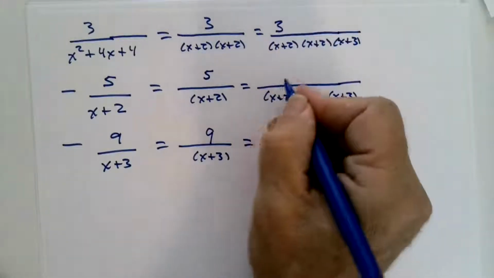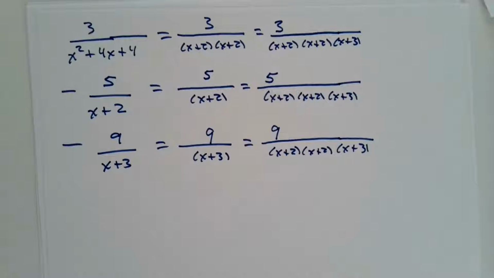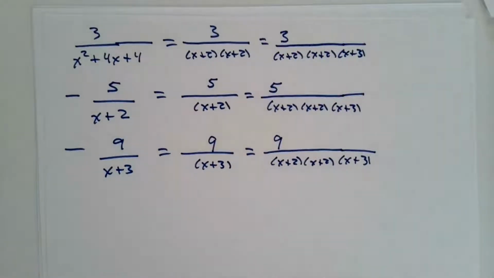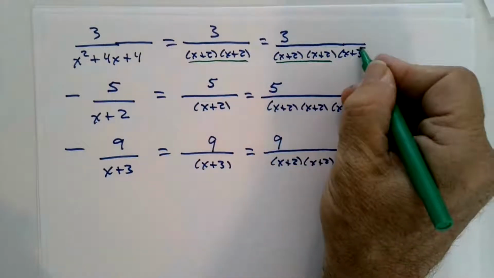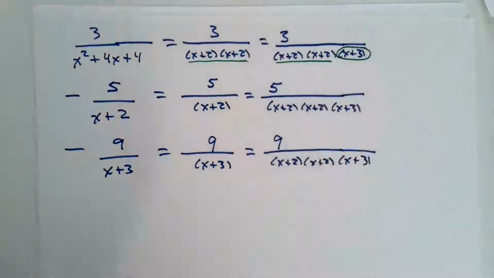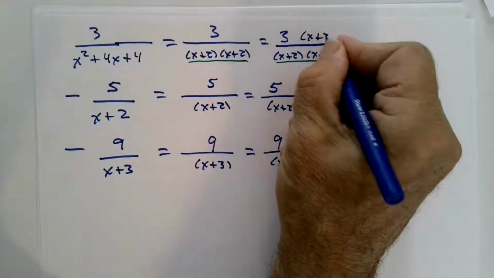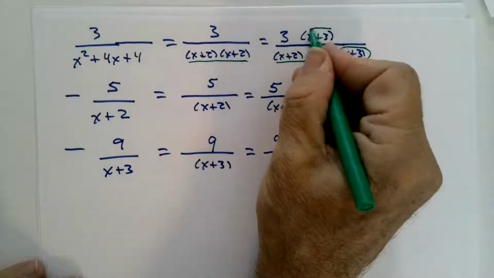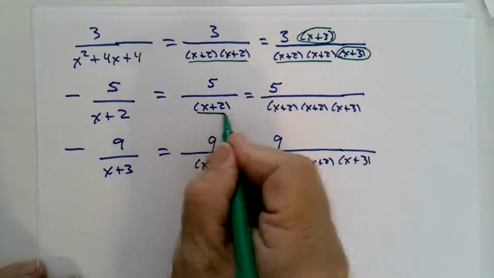Bring over the numerators, 3, 5, and 9. And let's identify what is new so that we can construct equivalent fractions. X plus 2 and x plus 2 were there before. X plus 3 is new, so multiply x plus 3 in the numerator. Here we have x plus 2, x plus 2, x plus 3.